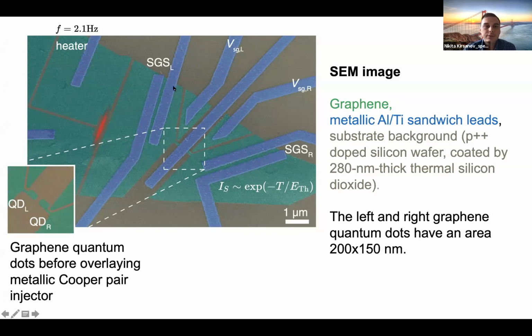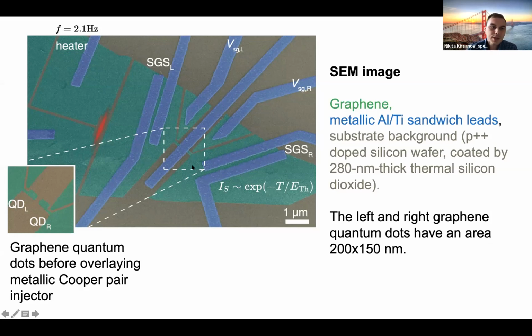Here on the left and on the right, we have the Josephson junctions, which play the role of thermometers. These two leads are aluminum leads, and they are connected via the graphene junction. We can measure the current through the Josephson junction, and knowing that it depends on the temperature exponentially, we can figure out the temperature of this part.